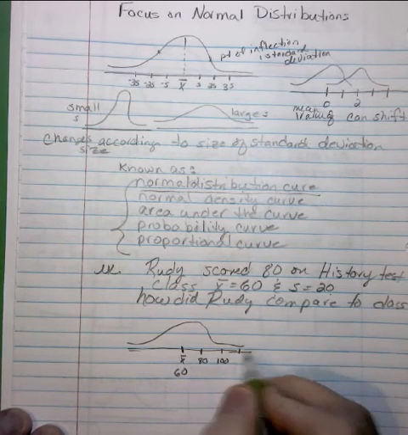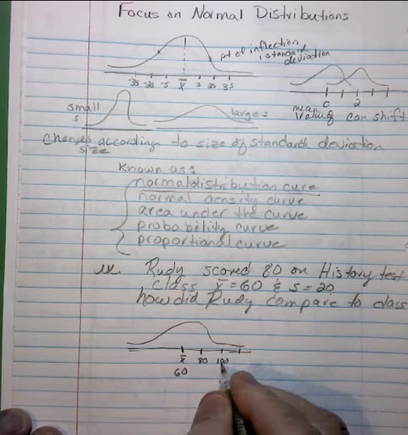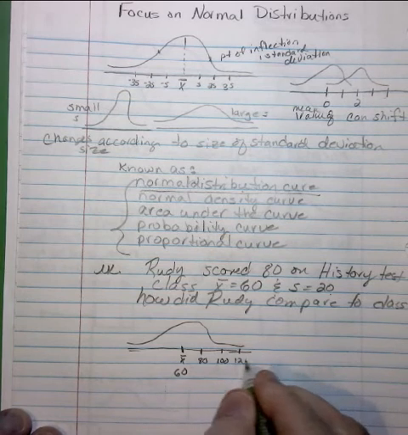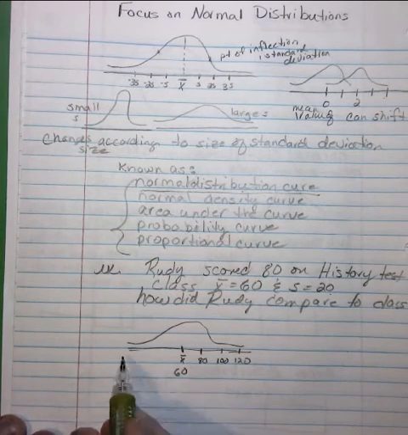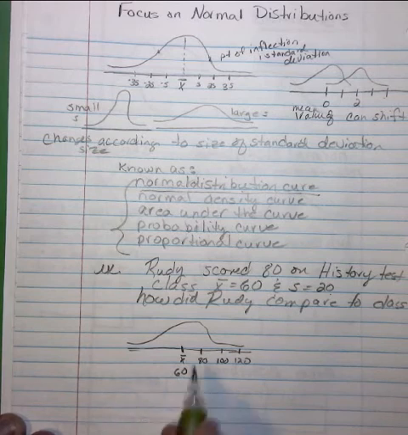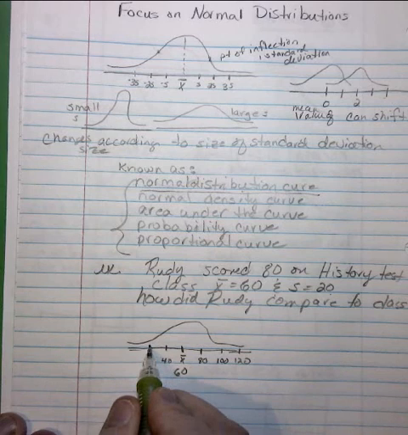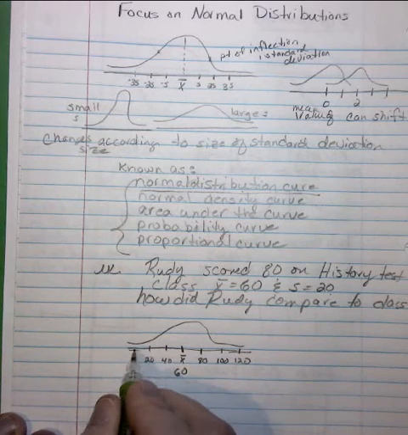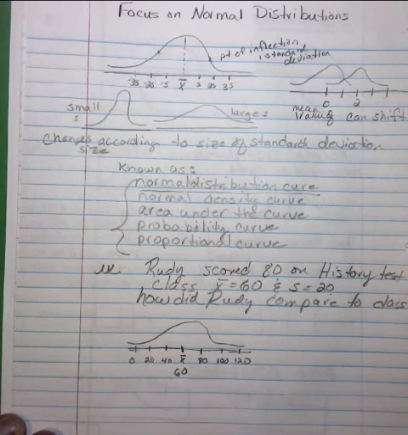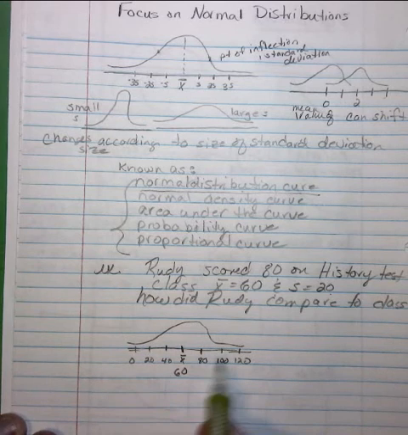And at three deviations above, 100 plus 20 more would be 120. Now, going in the negative direction, we would subtract the 20. So this value would be 40, and then 20, and then 0. Again, we don't need to go more than 3 deviations above or below.